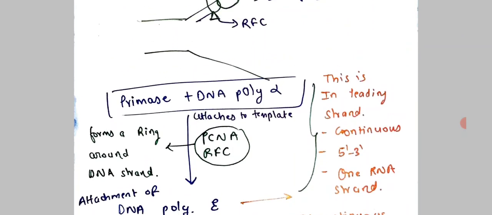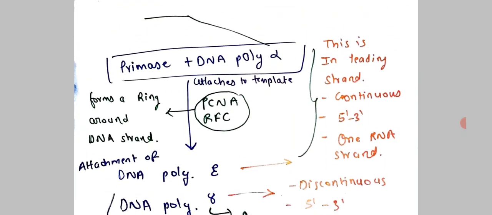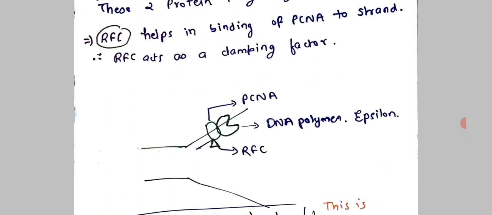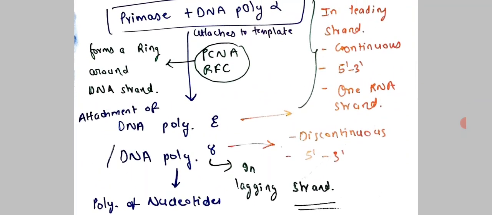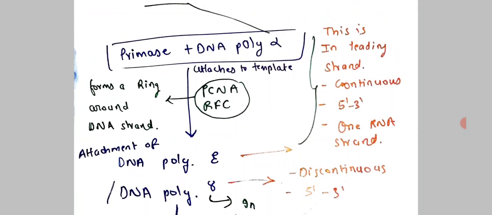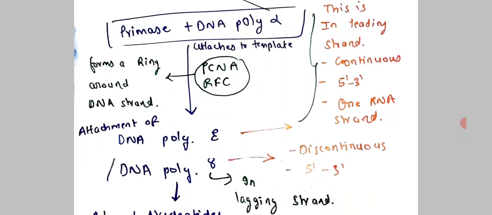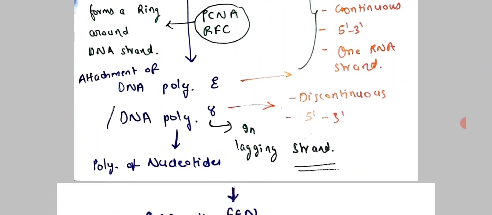So here you can see this diagram, and we will go ahead. Primase plus DNA polymerase alpha together form an RNA primer, and PCNA with RFC forms a ring-like structure, as you can see here. Then these attach to DNA polymerase eta and delta; the lagging strand is continued with delta, and the leading strand is continued with eta. In the leading strand it is continuous, 5' to 3', from one RNA primer.